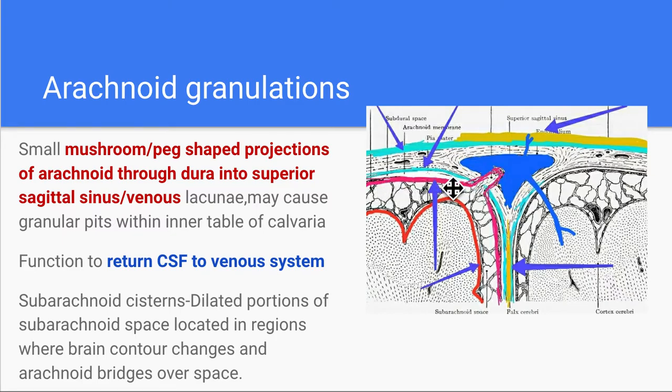Okay, so arachnoid granulations are projections of the arachnoid through the dura into the venous sinuses. Their function is to return CSF into the venous system. Now we have something called the subarachnoid cisterns, which are dilated portions of subarachnoid space located in regions where the brain contour changes and the arachnoid bridges over that space.